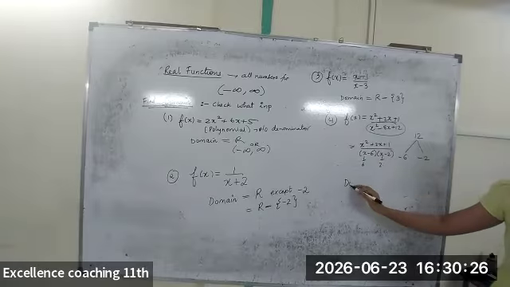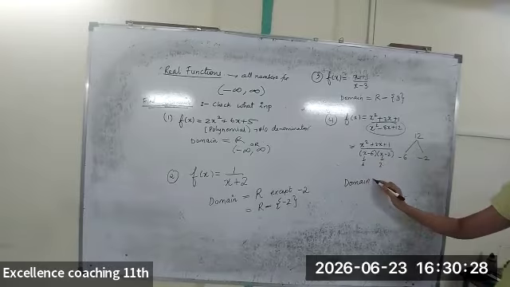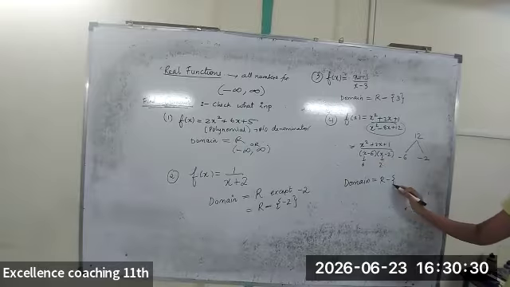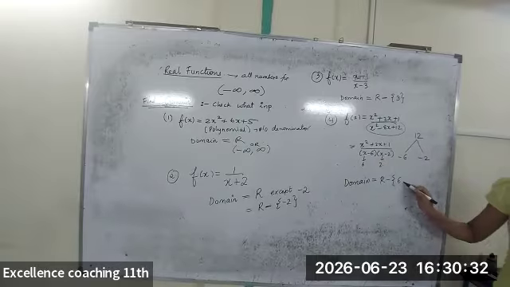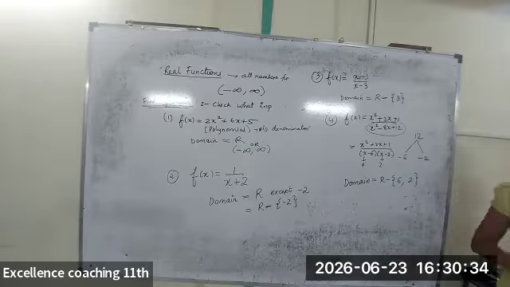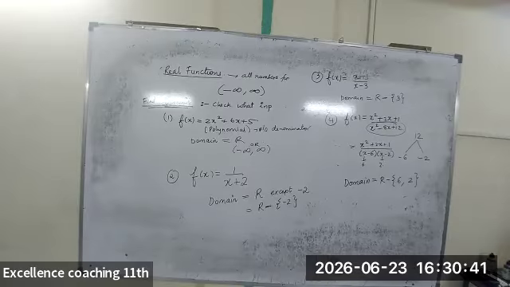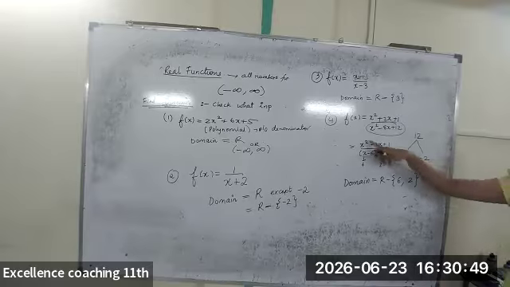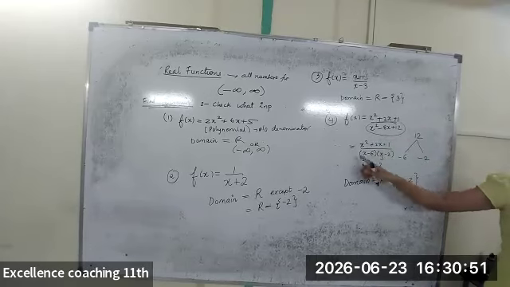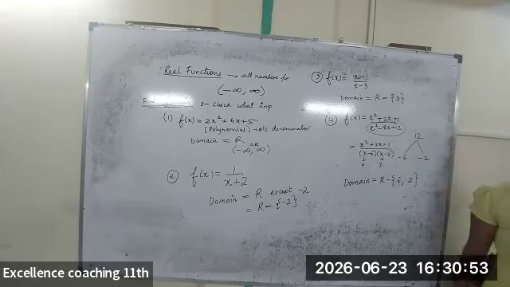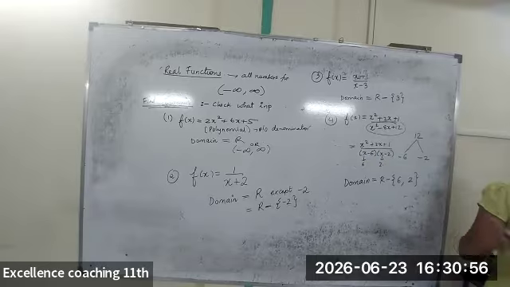So your domain will be all real numbers except two numbers now, 2 and 6, whichever. Put them in the curly bracket with a comma. This is how we have to write the domain. If a quadratic equation is given, first factorize, find the factors, then check. Numerator we are not bothered about, I told you, only the denominator. So we will get two numbers here.